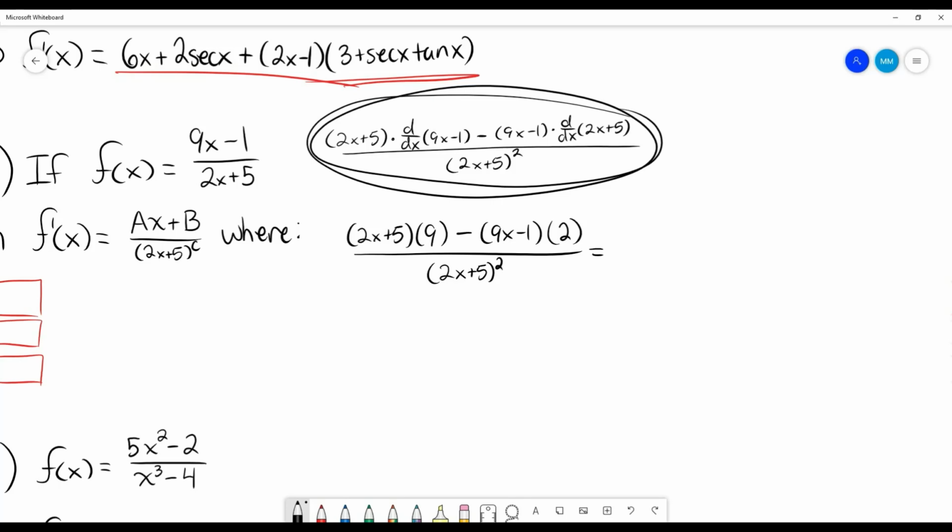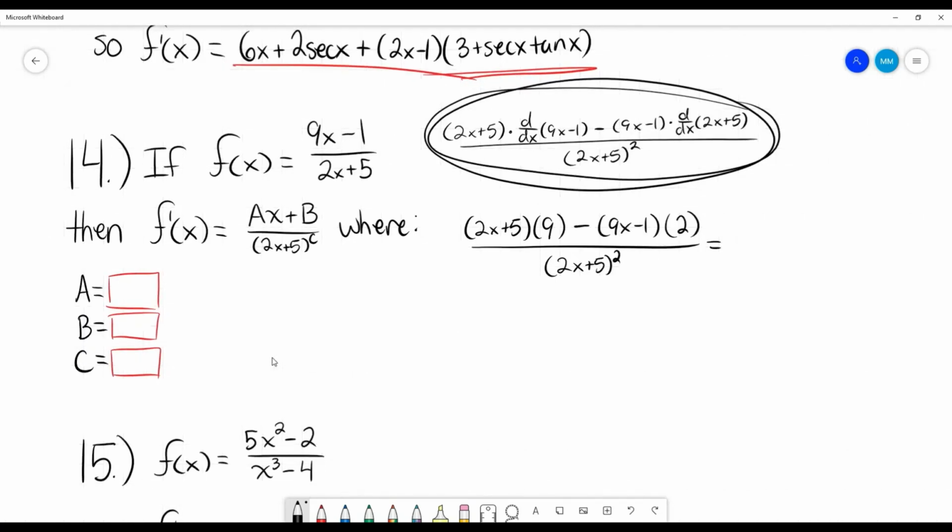And obviously, they're going to want us to simplify, combine like terms so that we can get it in terms of this. So I'm going to distribute that out. So it's going to be an 18x plus 45 minus, distribute that, that's going to be minus an 18x minus a negative 2, so plus 2, over 2x plus 5 squared.